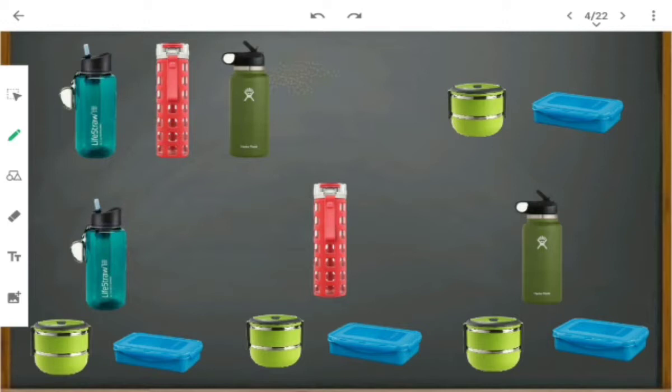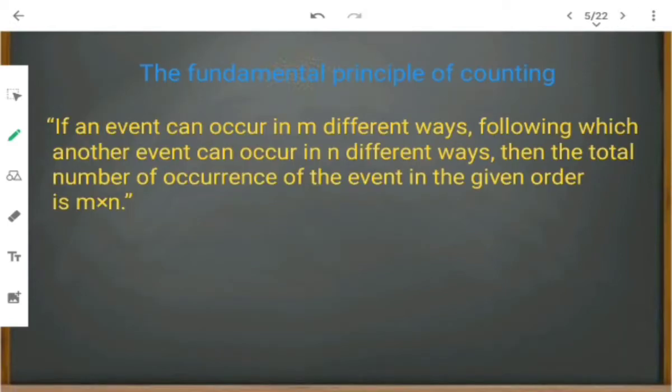Fine. Now this is nothing but the fundamental principle of counting. If an event can occur in m different ways, followed by another event that can occur in n different ways, then the total number of occurrences of the event in the given order is m cross n, or m into n.